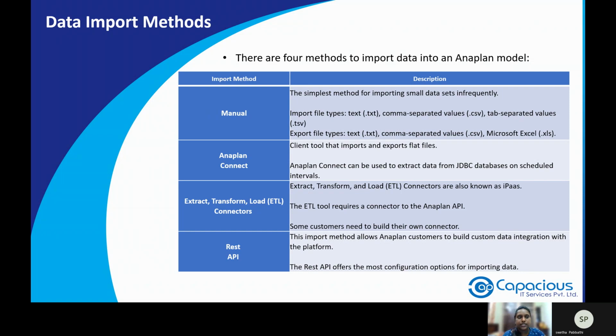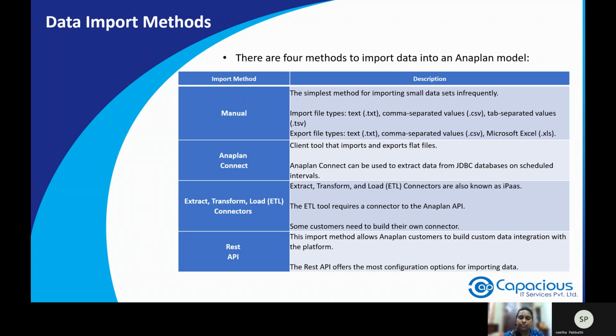Next is data import method. In this we can go through four methods for importing data in the Anaplan module. Initially, we'll use manual, in the sense that we should have a .csv file or .txt file.